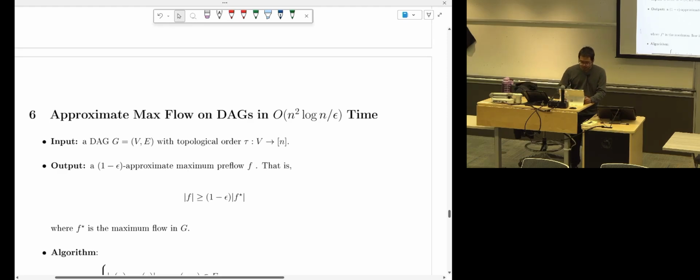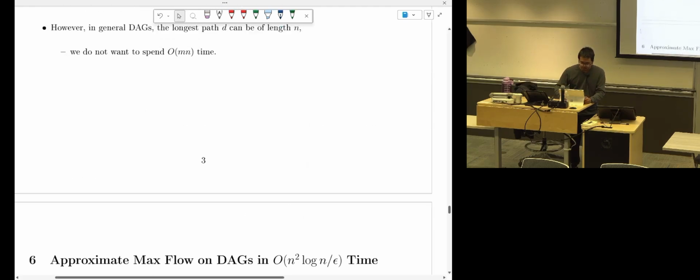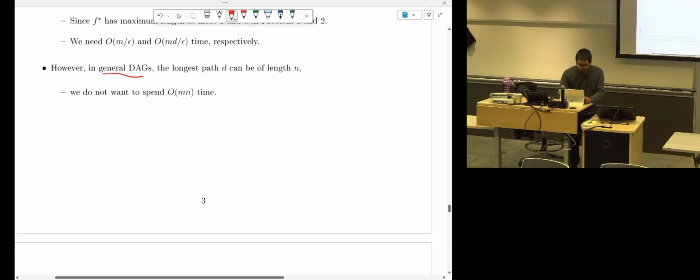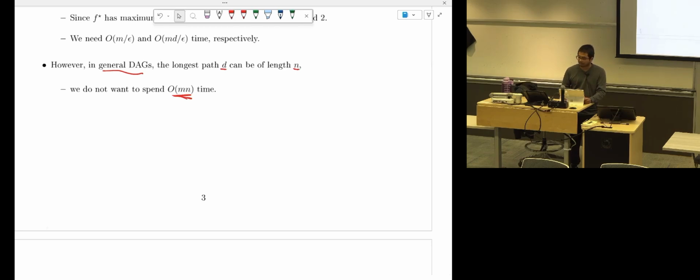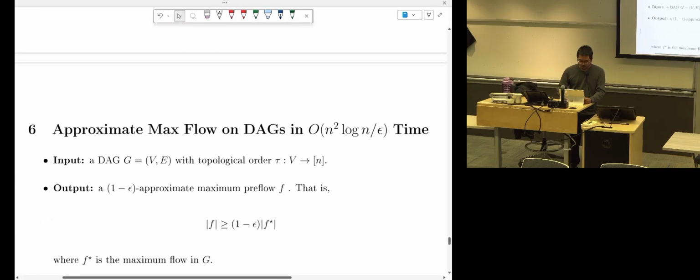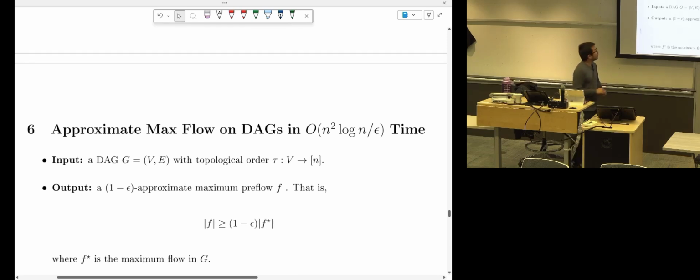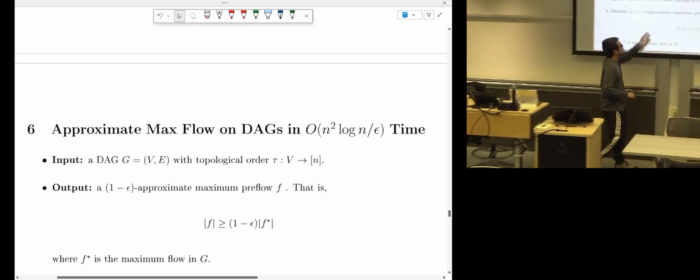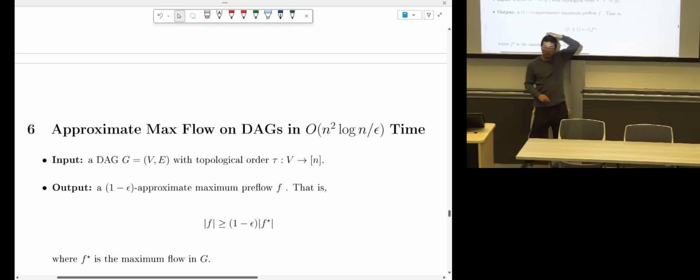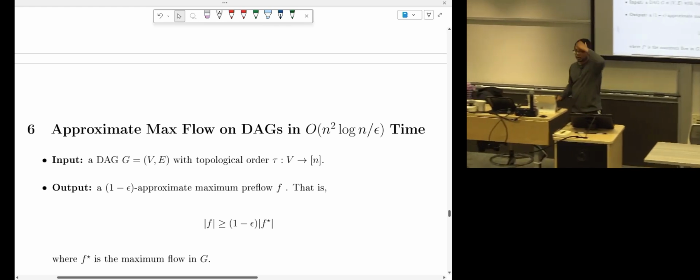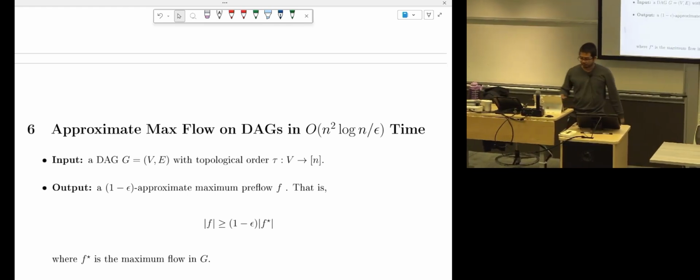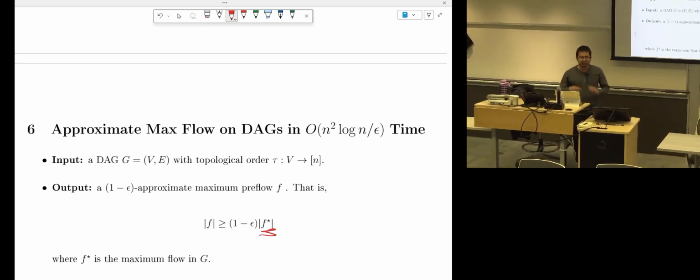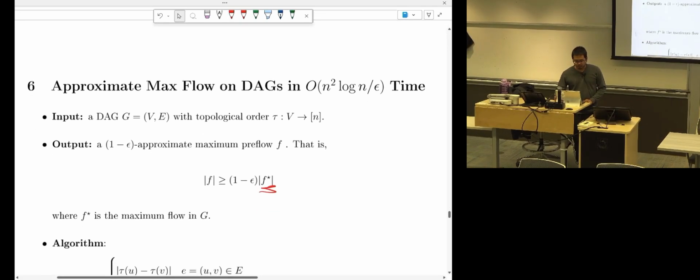Next. This is fast and nice, but you see that in general DAGs, the longest path can be as big as n, and we want to do better than m n. So here's the problem. You have a DAG, maybe with this topological order tau, and we want an approximate max flow. F star here is the max flow. What's the algorithm?